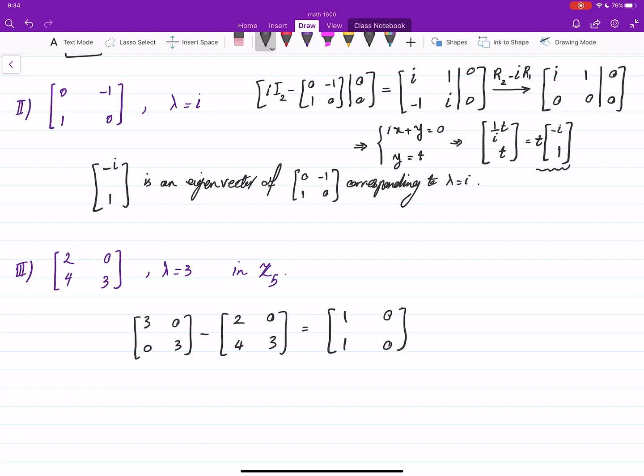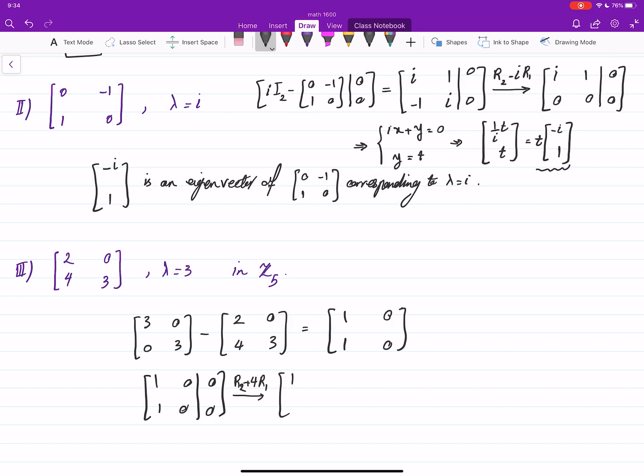And yes, we have to solve the homogeneous system that we have here. Again, you can do simple R1 plus 4, R2 plus 4 R1.